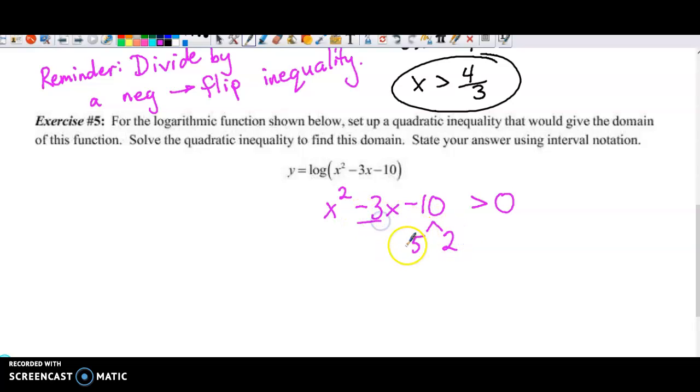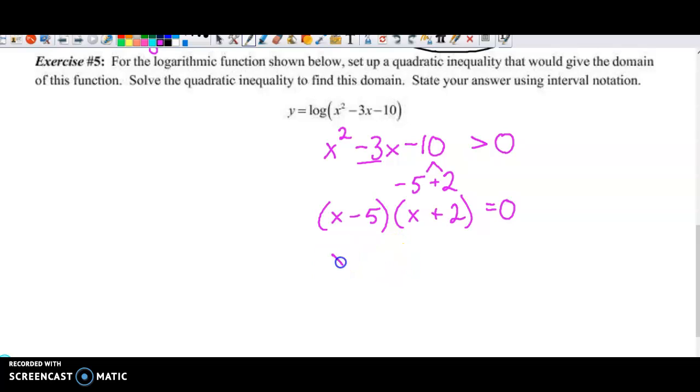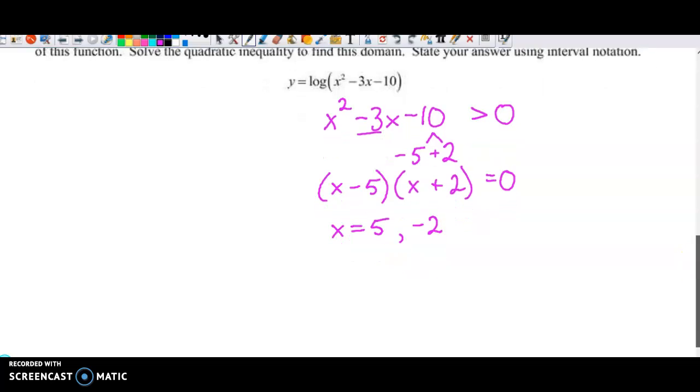Well, to make it -3, make it -5 and +2. And right now what I'm going to do is just set it equal to 0. I'll talk about how to get your final answer after that. So then our solution set would have been 5 and -2. But if it were 5 and -2, we would have it equal to 0, and that cannot happen.